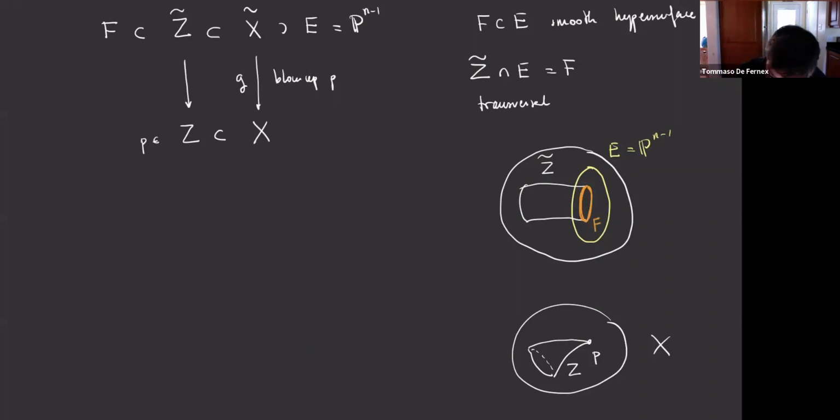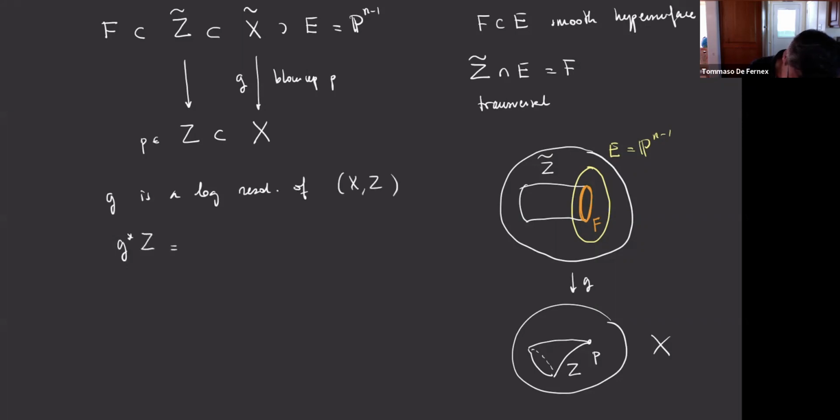So in particular, what you see is this G is a log resolution of the pair (X, Z), and the pullback or inverse image of Z is just Z tilde plus E. Okay, maybe with some multiplicity.